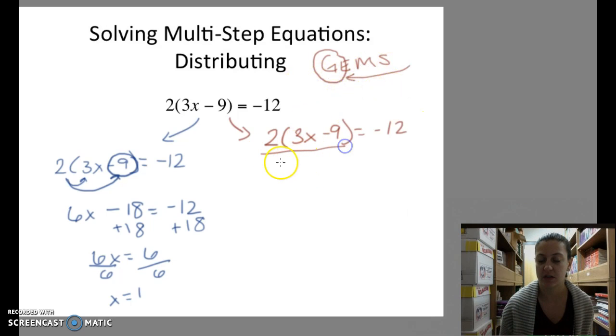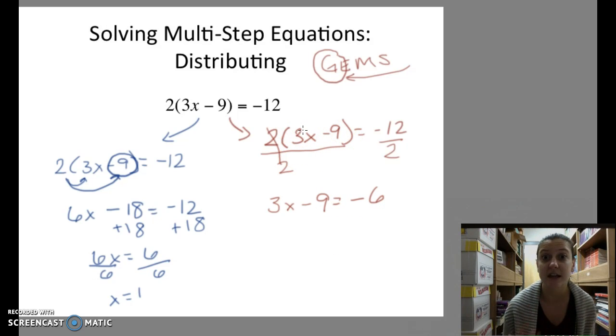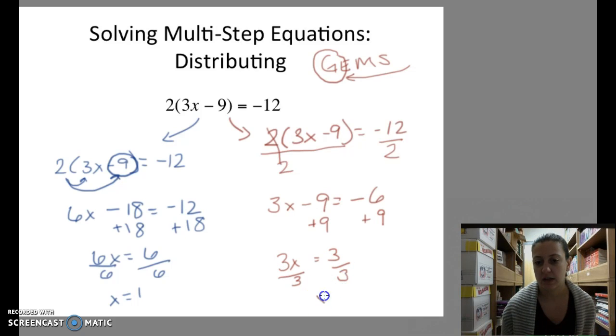So what I'm going to do is divide everything by 2. And that cancels. See how I did that? I didn't touch anything inside the group. The division just canceled out that 2 times the group. Add 9. 3x equals 3. Divide 3. X equals 1. So we got the same answer either way.